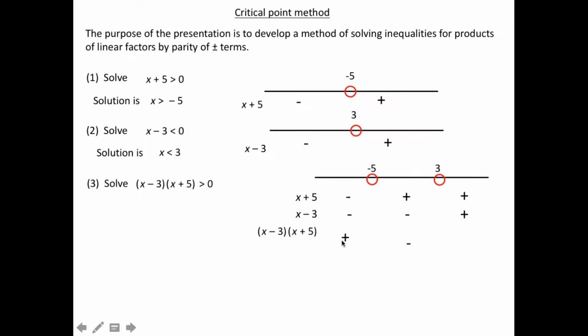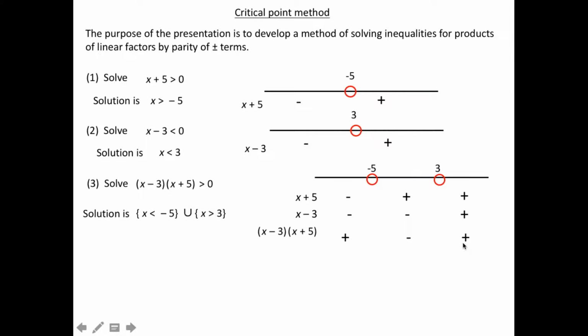Similarly, in the next region, x between minus 5 and 3, x plus 5 is positive and x minus 3 is negative. And therefore, multiplying a positive and negative value will give us a negative value here. Finally, in the third region, x is greater than 3. Both x plus 5 and x minus 3 are positive, and therefore will give me a positive value, as positive times positive is positive.